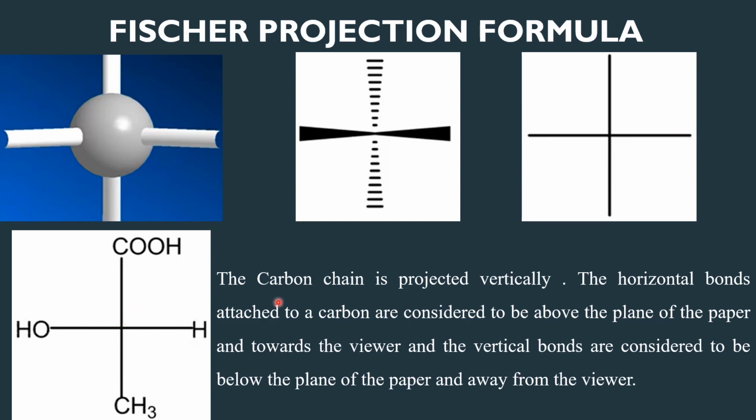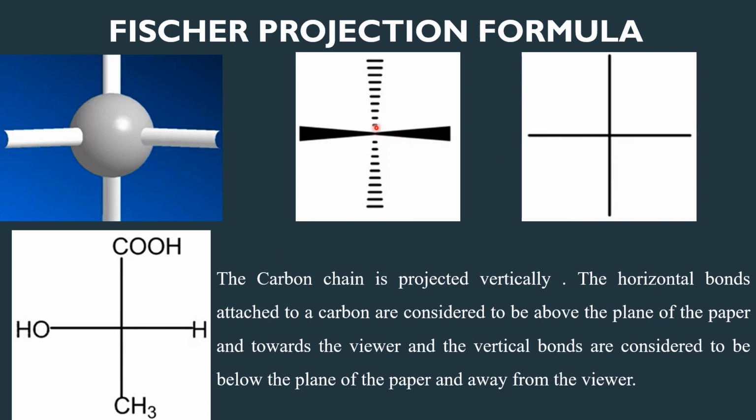Here the carbon chain is projected vertically, so this should be the carbon chain. The horizontal bonds attached to the carbon are considered to be above the plane of the paper. These two bonds are above the plane of the paper and towards the viewer.